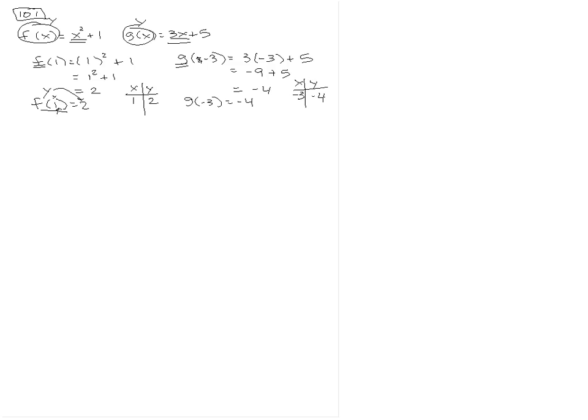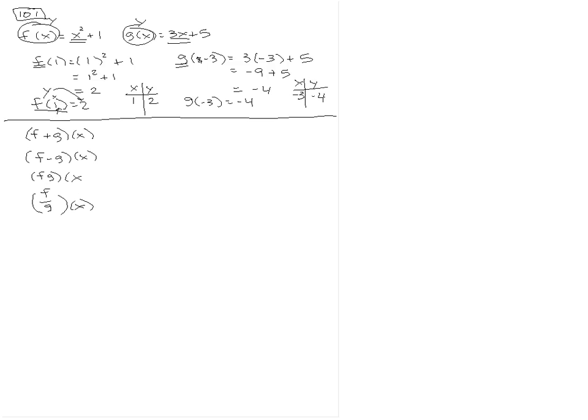Now, we're going to take it a step farther, and we're going to look at this. What if I said f plus g of x, or f minus g of x, or f times g of x, or f divided by g of x?